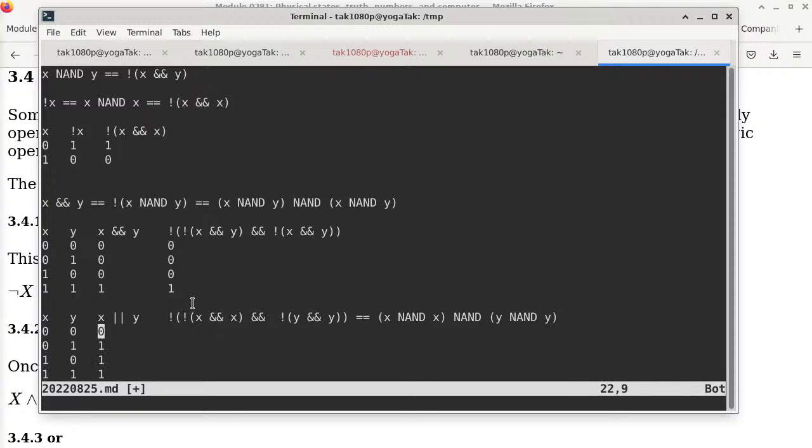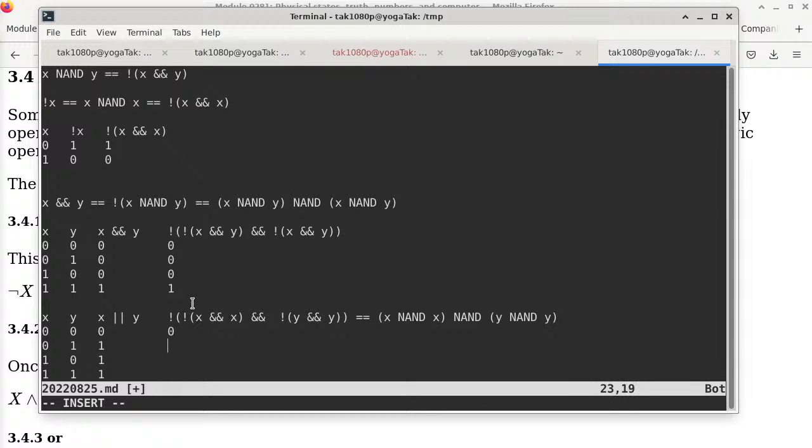There we go. All right, so now for the complicated one. x is false, false and false is false, not false is true. y is false, false and false is false, not false is true. So now we have true and true, which is true, but then we also have the outermost negation that turns the true into a false.